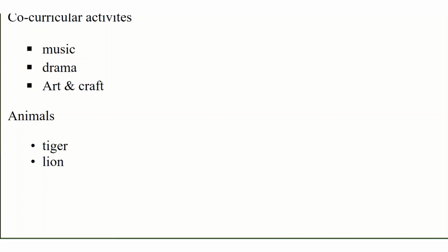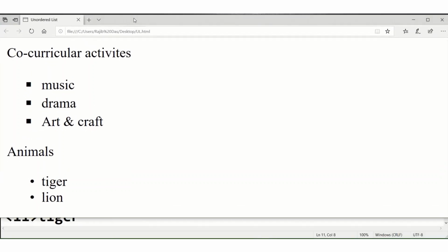So in this way you can create different lists. See, co-curricular activities and animals.